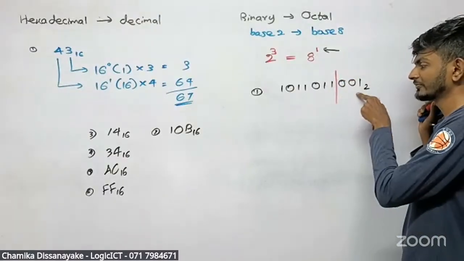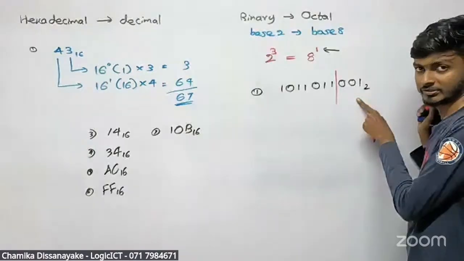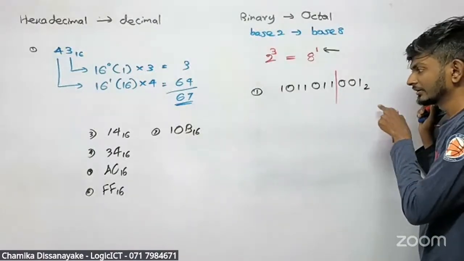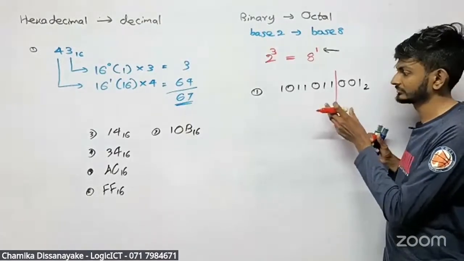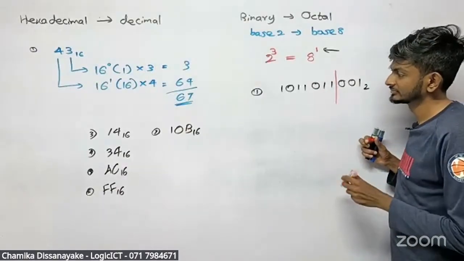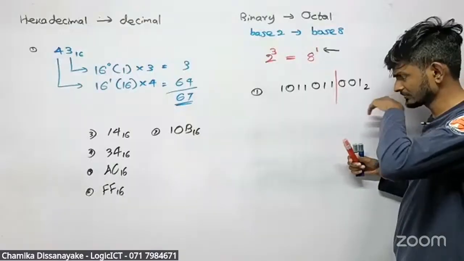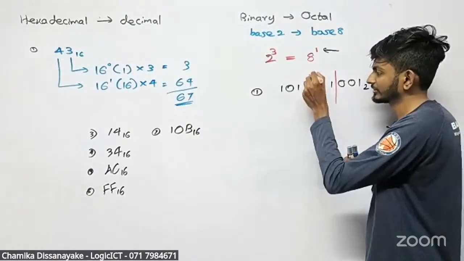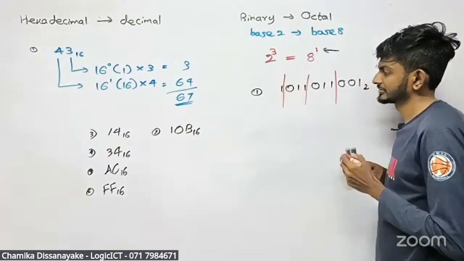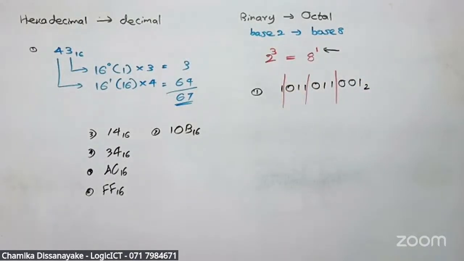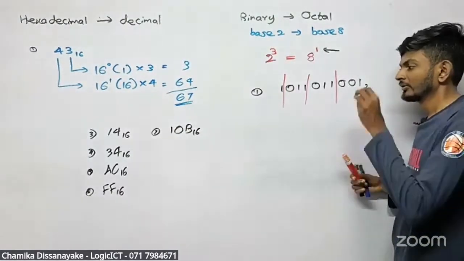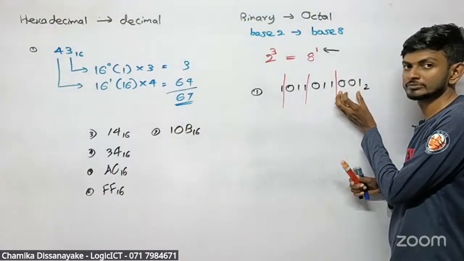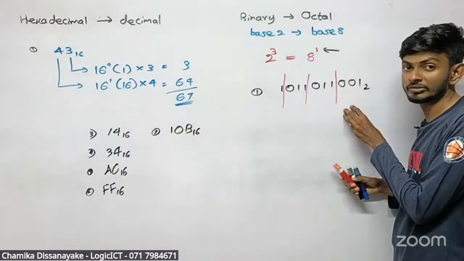Actually, guys, we have to start from the right hand side and divide by 3 digits. This is the first step. You have to form groups of 3 digits, and we can use the first group to write one octal number.